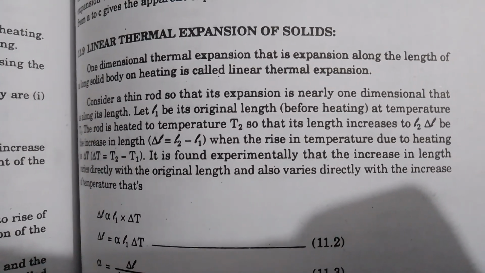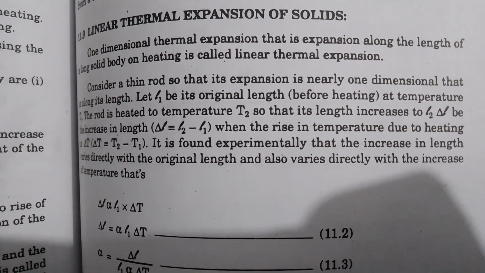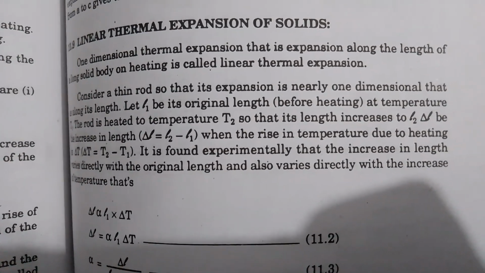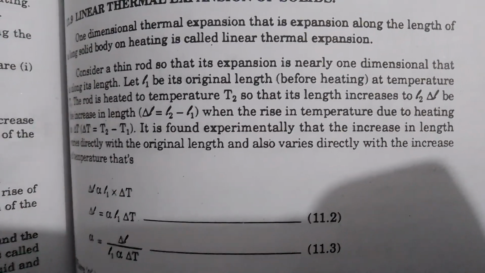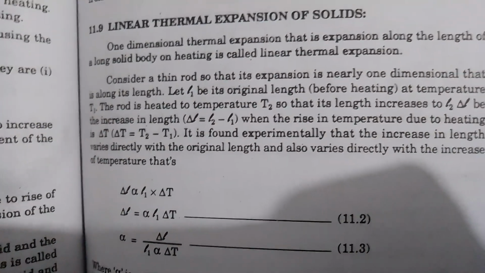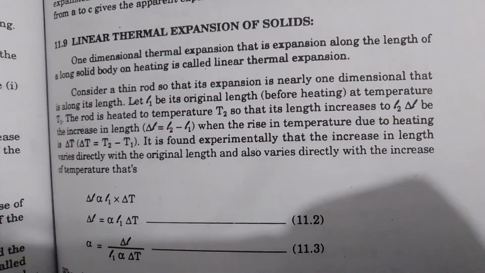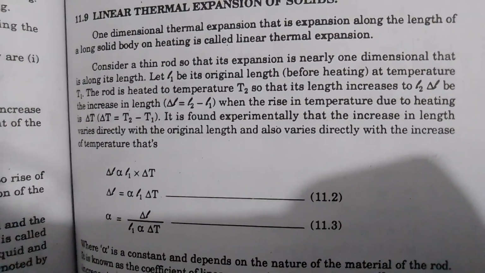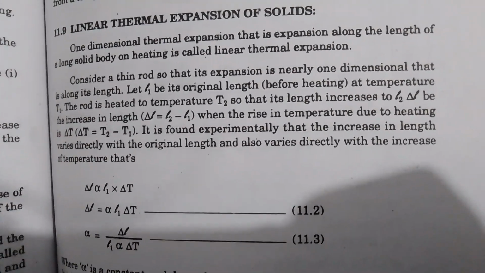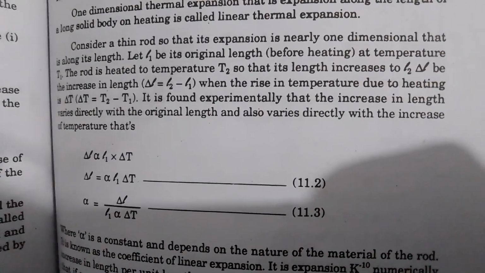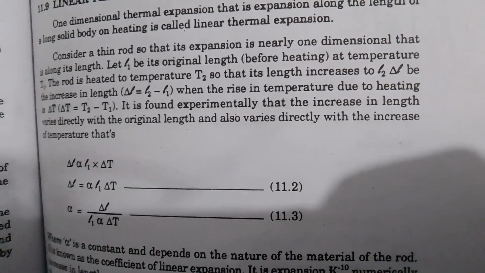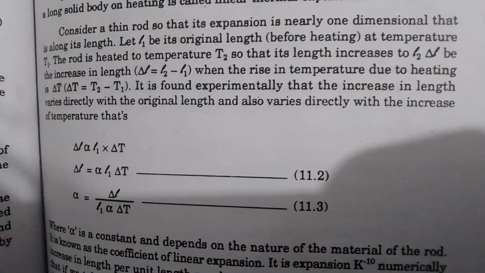Let L be its original length before heating at temperature T. The rod is heated to temperature T' so that its length increases by ΔL. The increase in length ΔL is due to the rise in the temperature due to heating. It is found experimentally that the increase in length varies directly with the original length and also varies directly with the increase of temperature.